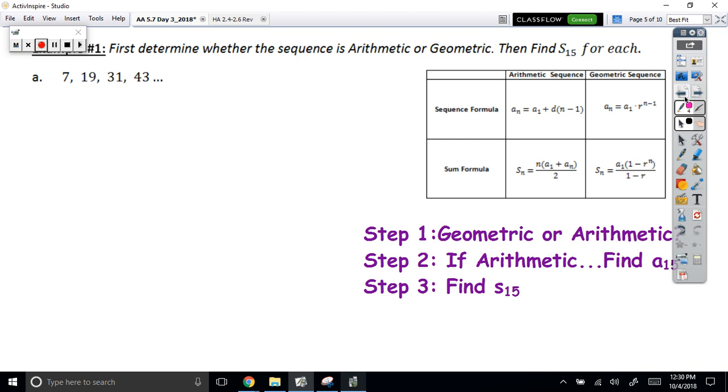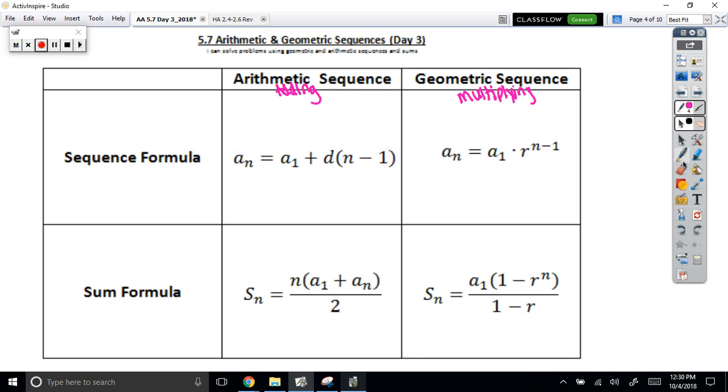Okay, so let's decode the formula for today. For our arithmetic sequence, we can see this will be the sum of n terms. So if it were S sub 10, it would be the sum of the first 10 terms. S sub 20, sum of the first 20 terms. N is the term number that we're looking for.